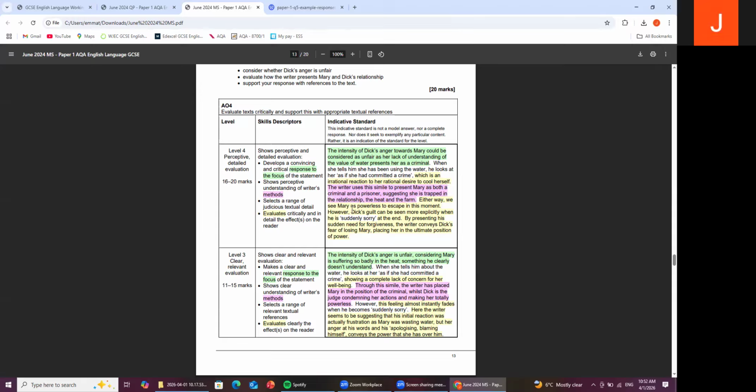Either way, we see Mary as powerless to escape in this moment. However, Dick's guilt can be seen more explicitly when he's suddenly sorry at the end. By presenting his sudden need for forgiveness, the writer conveys Dick's fear of losing Mary, placing her in the ultimate position of power. So again, a really well understood approach to the question, really well argued critically. And again, thinking about the characters as almost real people.